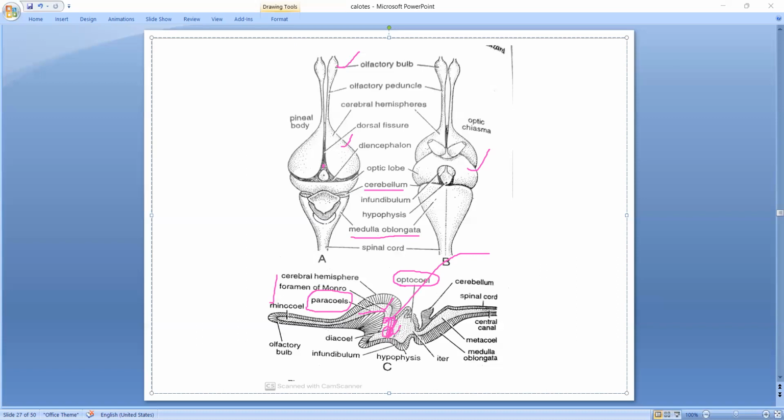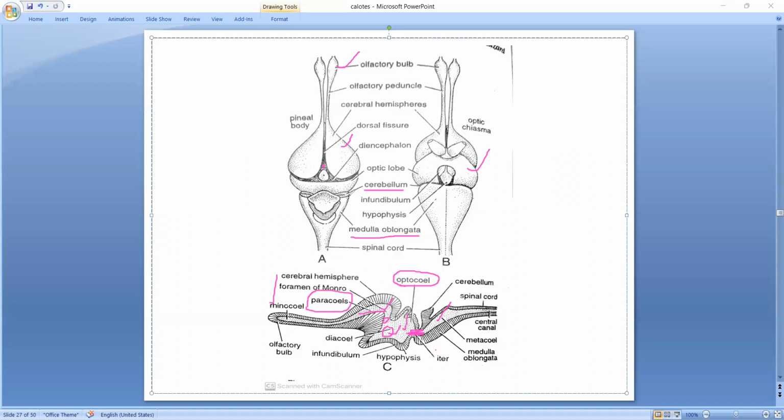So the third ventricle will be reached through the foramen of Monro, and as usual, here a duct like the Sylvian duct or Sylvian aqueduct or iter is there, that connects this optocoele with the metacoele. Metacoele is the cavity present in the medulla oblongata.